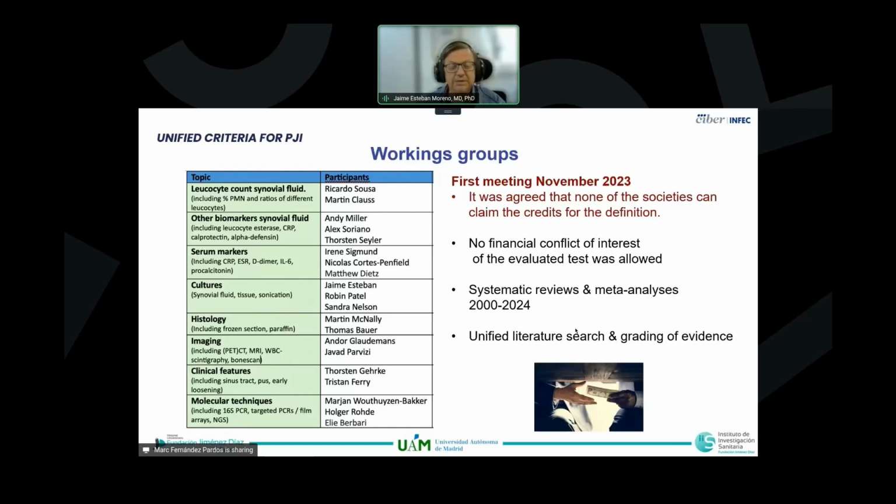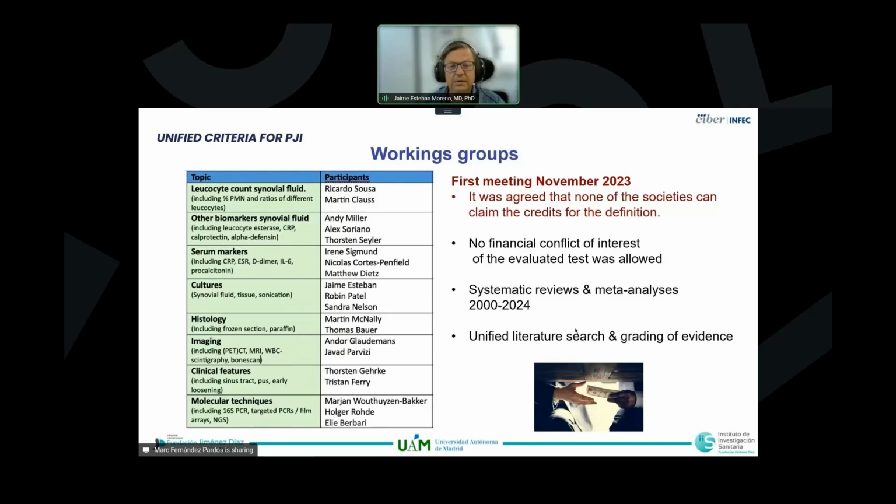different societies involved in the management of prosthetic joint infection joined in November 2023 to establish a unified definition that can be applied for all the international societies involved in prosthetic joint infection management. We established that no financial conflict was allowed.